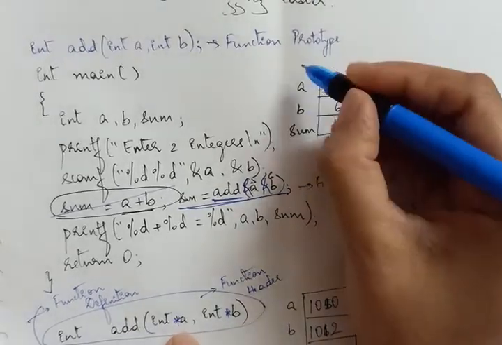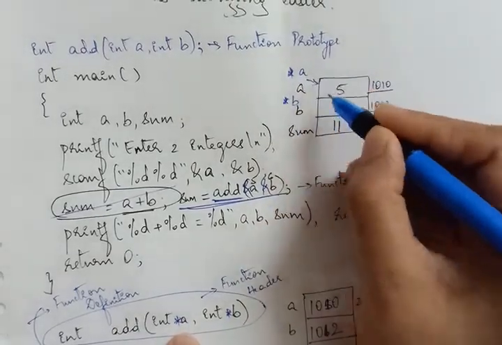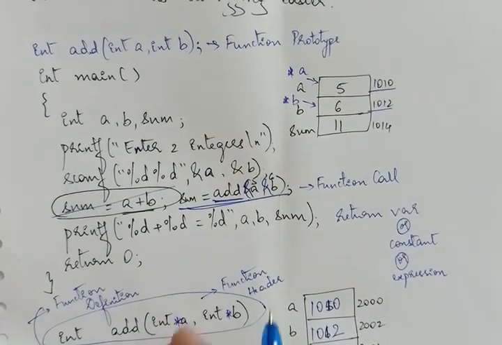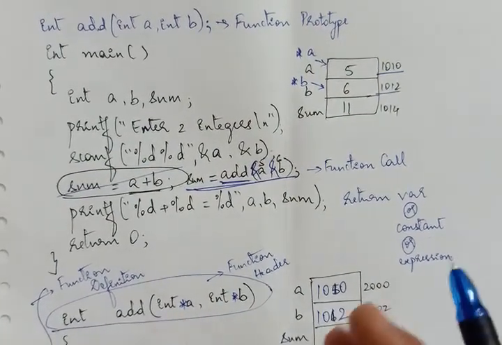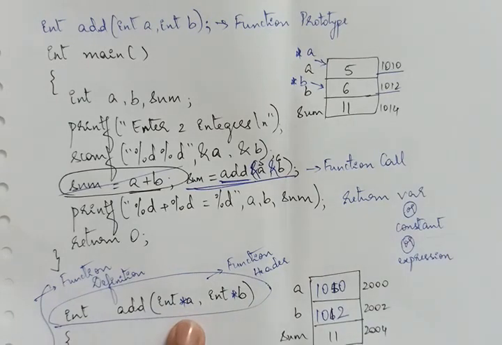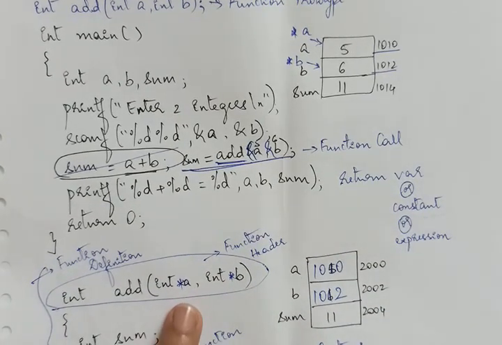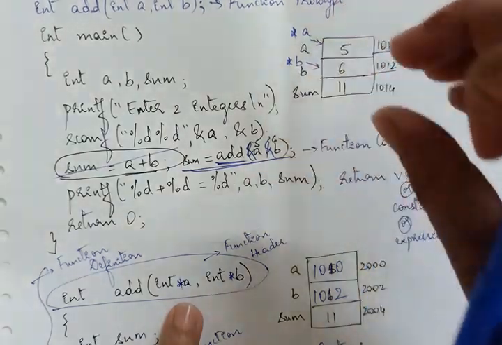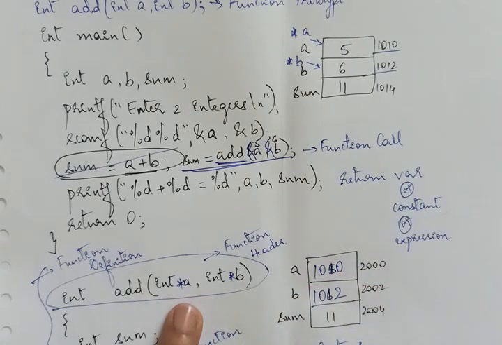Now star A, star B are pointers to this location. You can have different names as well if you're getting confused, but since I'm carrying that same old example for you to understand better, I'm just not renaming them, that's all. Don't get confused. So in the previous case, what we saw, we were copying the contents of that A and B and creating new variables A and B and storing them.